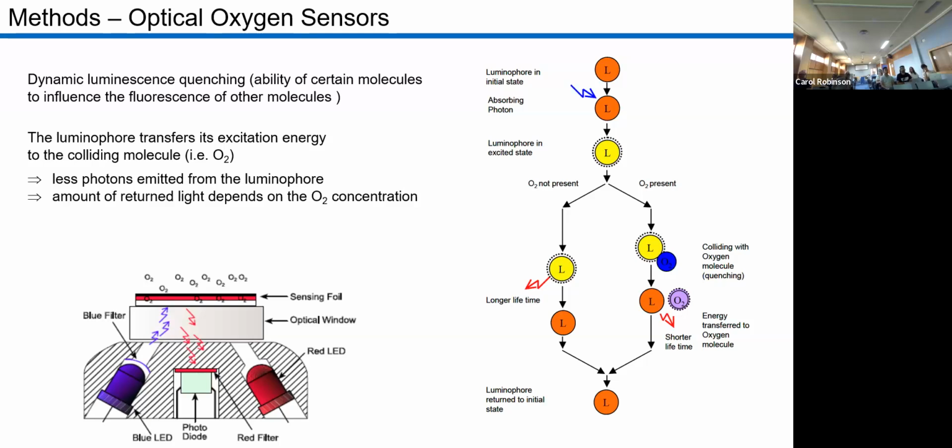And in the presence of oxygen, the luminophore will transfer this energy to the oxygen. One of the consequences is that fewer photons will be emitted from the luminophore, and the amount of light returned to the sensor, at the photodiode, will decrease, and this decreasing light will depend on the oxygen concentration.